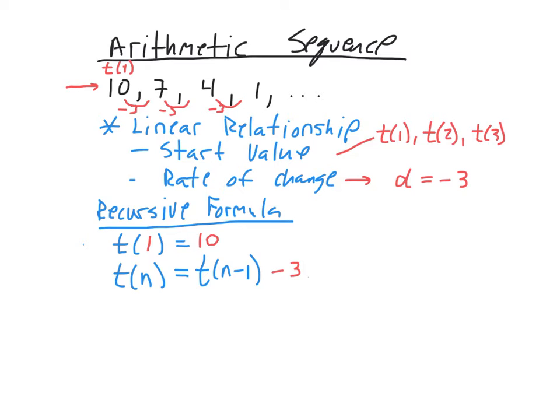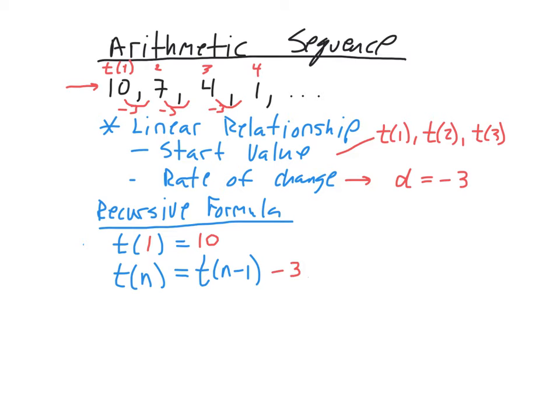Where students typically get caught up is in the t of n and t of n minus 1. N is just a counter. Counting 1, 2, 3, 4, etc. It's just a counter. That's all n is. N is the current number I'm looking at. N minus 1 is the one before it.